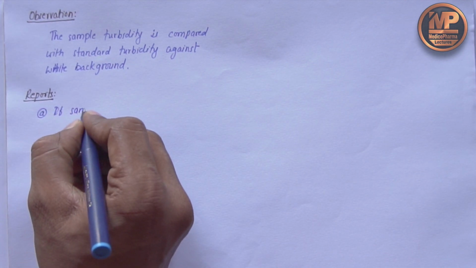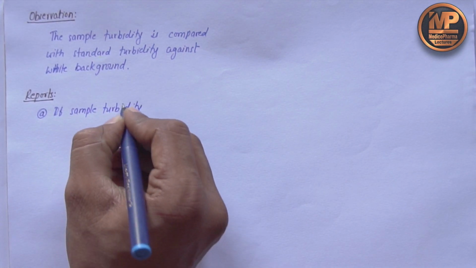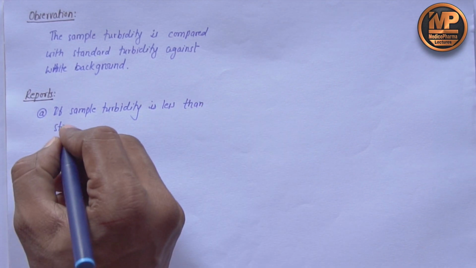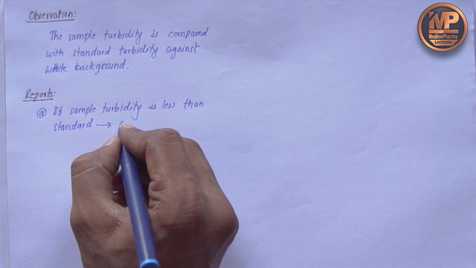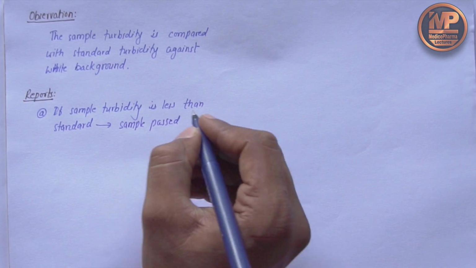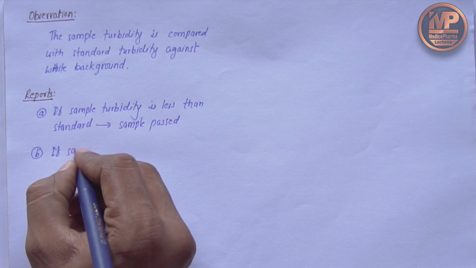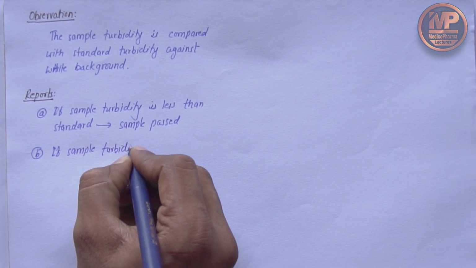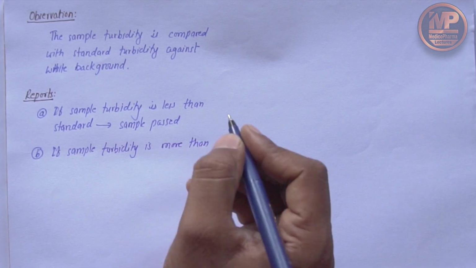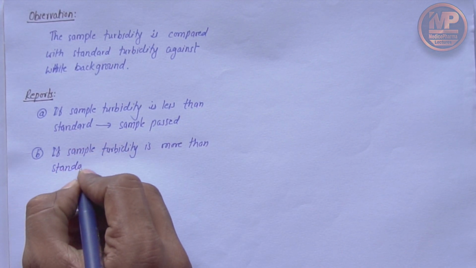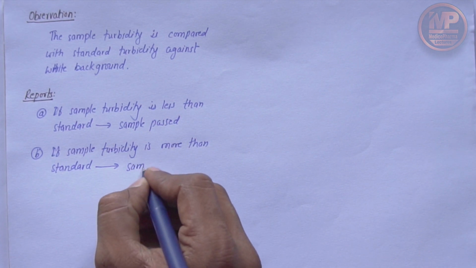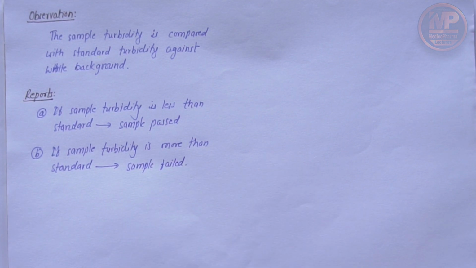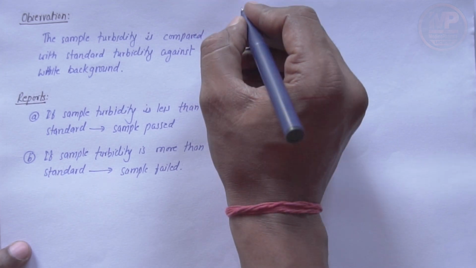So in A, if sample turbidity is less than a standard turbidity, then sample will pass the limit test for sulfate. Okay, if sample turbidity is more than that of a standard turbidity, then sample will fail the limit test for sulfate.